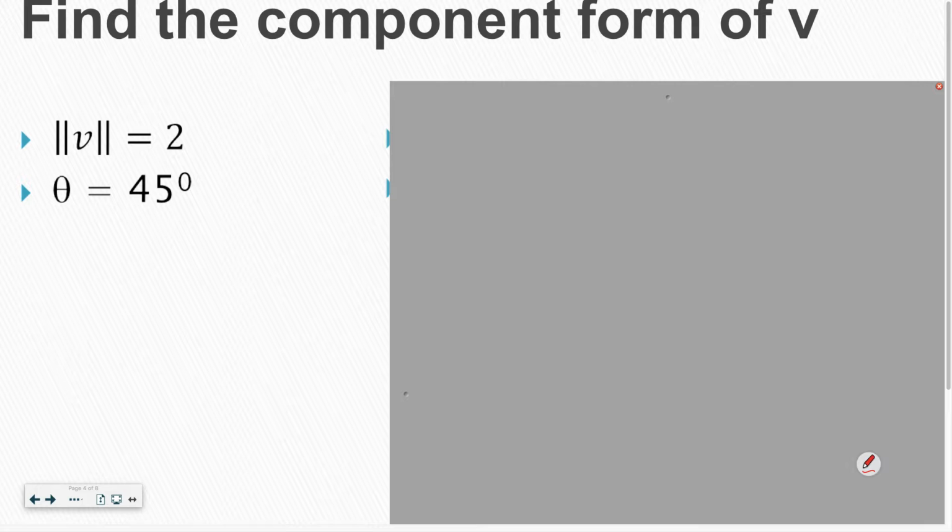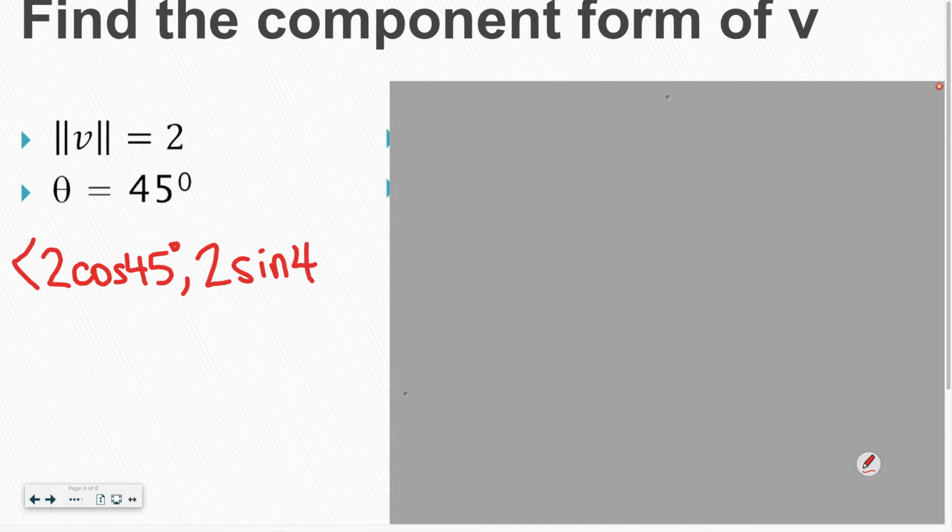We just talked about how our horizontal component is the same thing as magnitude times the cosine of the angle. And our vertical component is the same thing as magnitude times the sine of an angle.